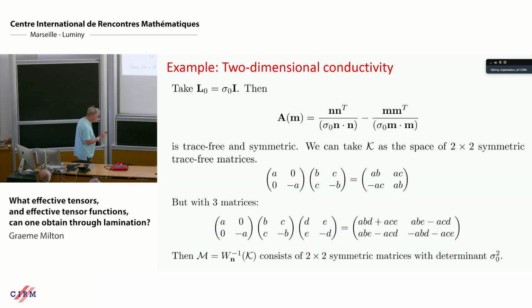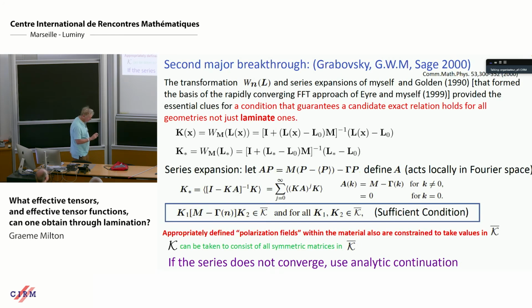And in particular for the conductivity example, A of M takes this form, and the exact relationship holds because the product of three trace-free symmetric matrices is also trace-free and symmetric. So then you can apply it to many other problems, and that's what Yuri did. And so it becomes an algebraic problem, but a difficult algebraic problem.